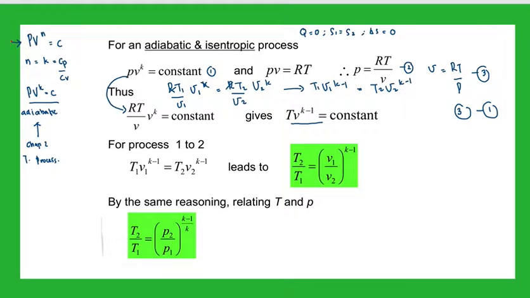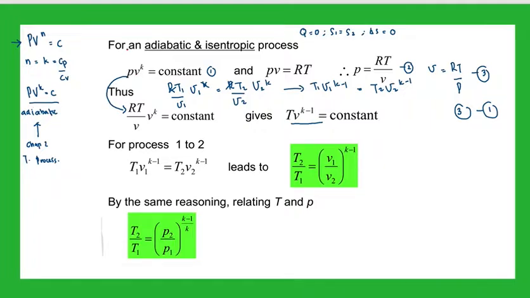We already know from our thermodynamic process that the equation of a polytropic process is PV to the power of n equal to a constant. If the index n is equal to K, and K is Cp over Cv, then this polytropic equation will be Pv to the power of K equal to C. Pv to the power of K is an adiabatic process.